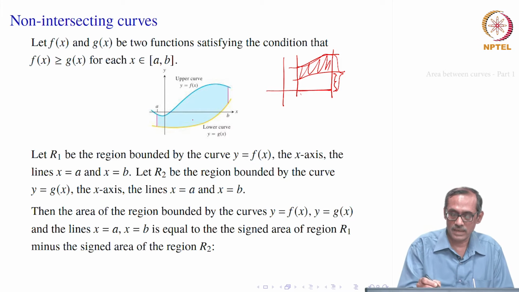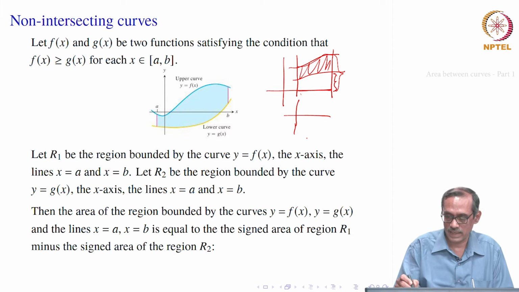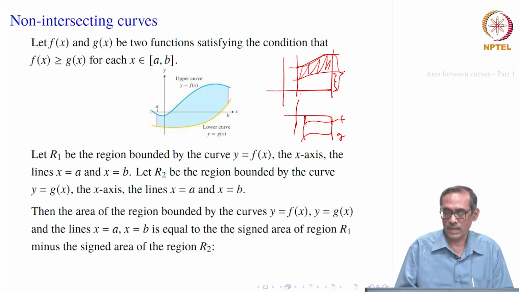Sometimes it may happen that both of them are below the x axis. So, one can be f, another is g. So, here f is here and g is here. Then again to get the area, you take this area minus the whole area, it is the signed area we are taking. So, that will again give us the area of this region.